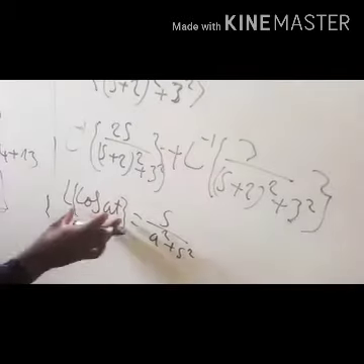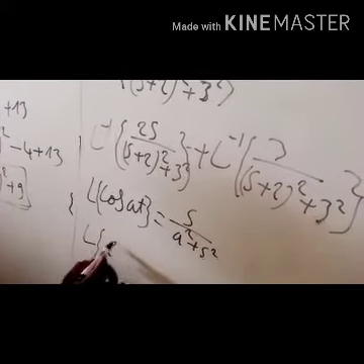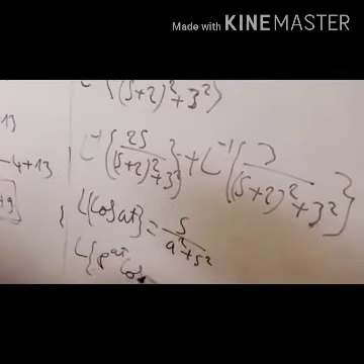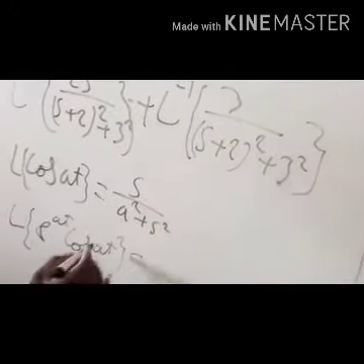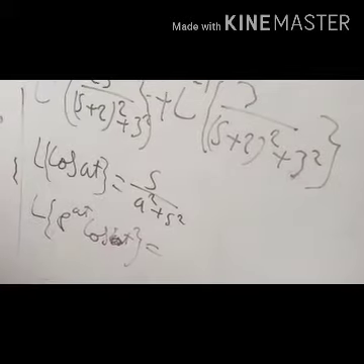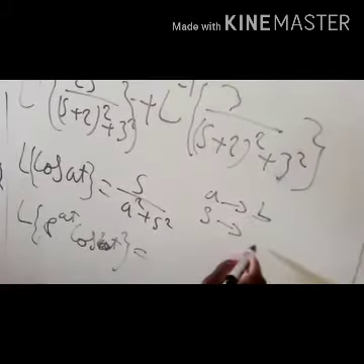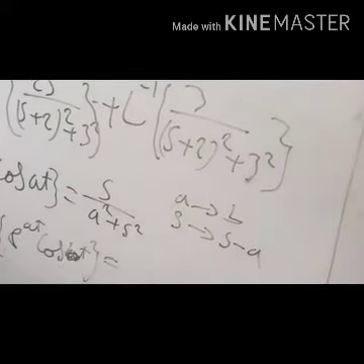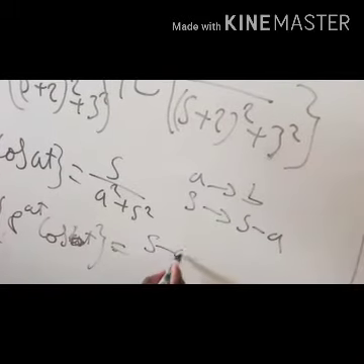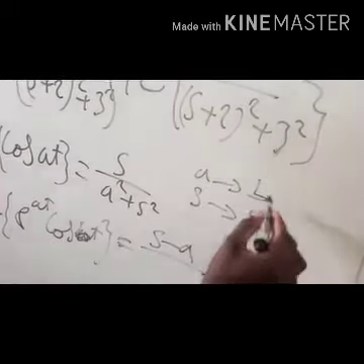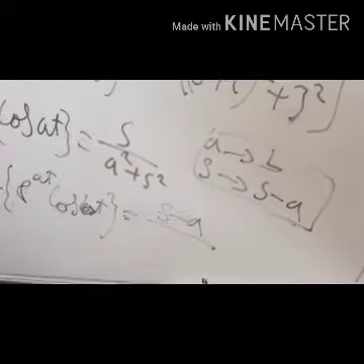And for here, we see the Laplace transform of e power at cosine of bt is equal to s minus a over s minus a squared plus b squared, where s is transferred to s minus a.